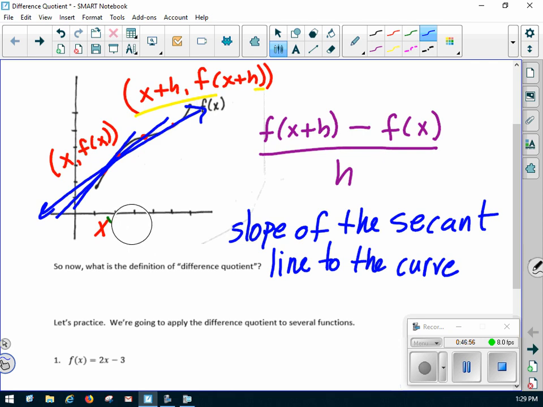What if I let h get so small that you could not tell the difference between it and 0? What if I let h get so small that I could not tell the difference between it and 0?